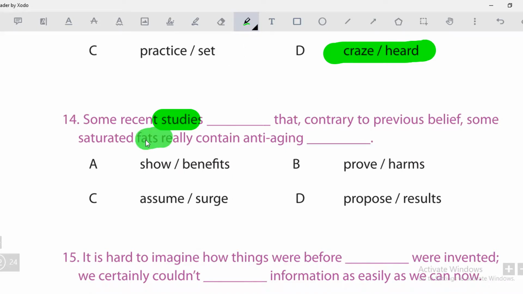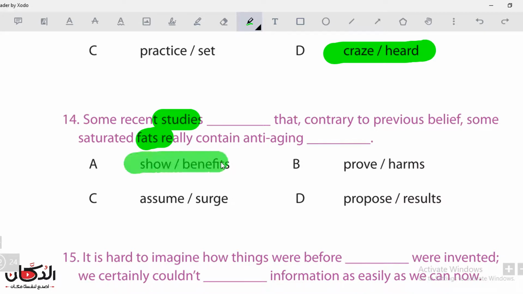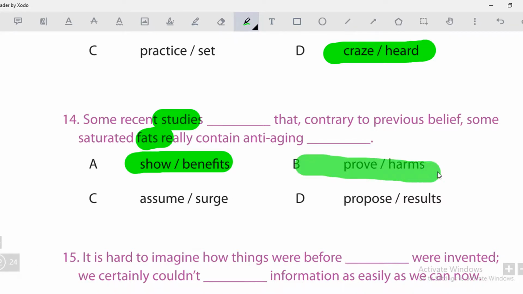Fats can contain what? Think like this. They can contain benefits, and they can also contain harms. But results and search are not correct. So how can we decide?